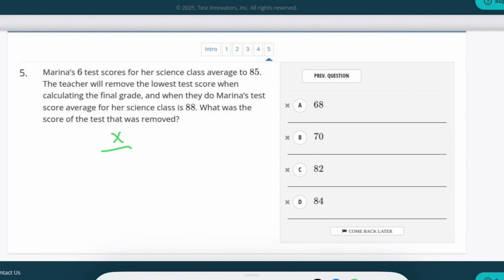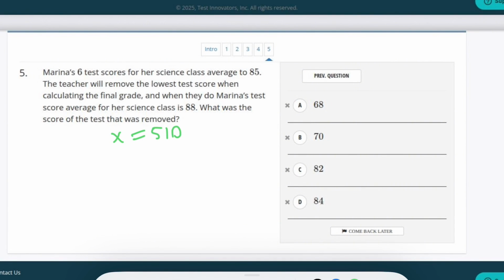So our x would equal 85 times 6, which is 510. So now we know what the sum of all the test scores are, at least before one is removed.